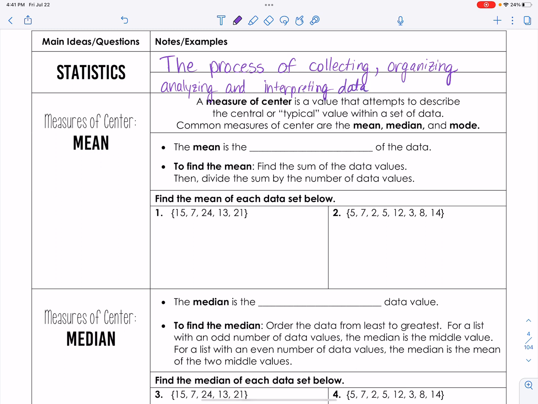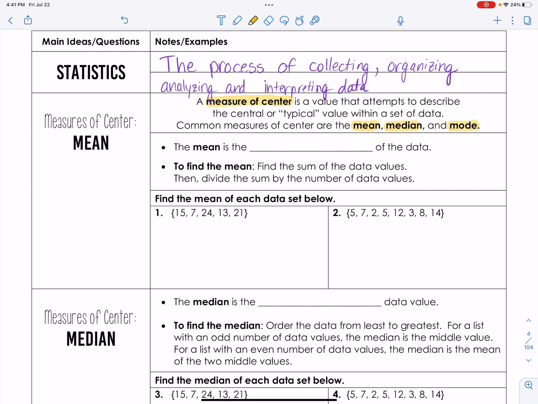There are whole classes on this, and they use this in all kinds of different jobs, finding the statistics behind something. A measure of center is a value that attempts to describe the center or typical value within a set of data. Common measures are the mean, the median, and the mode.